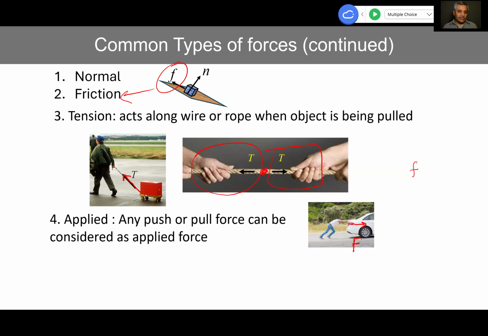Okay, I see a question on the Zoom chat there. Is normal force only a result of gravity? Does normal force apply opposite to other forces like tension? So normal force, yeah, you can think of it like it's the result of gravity. If gravity wasn't there, probably the normal force would be negligible.